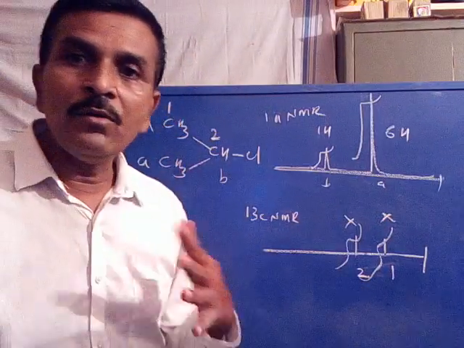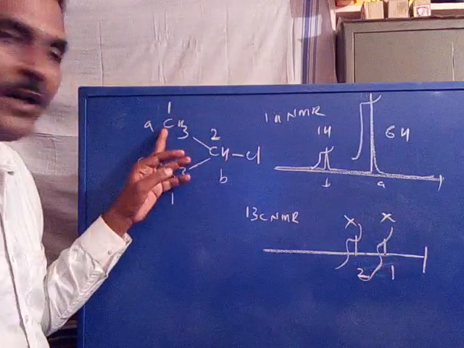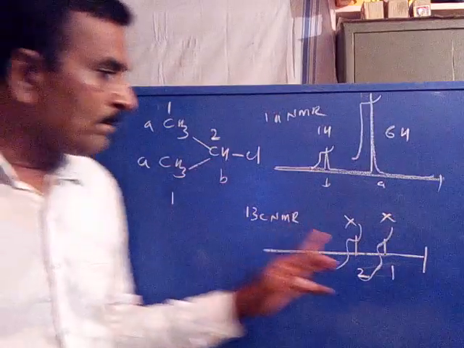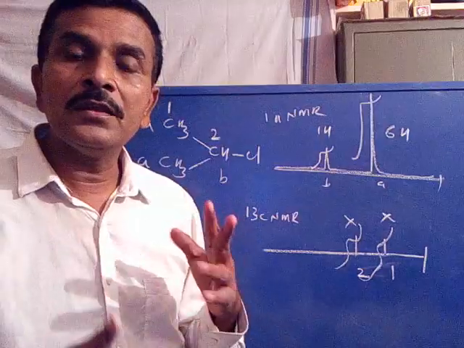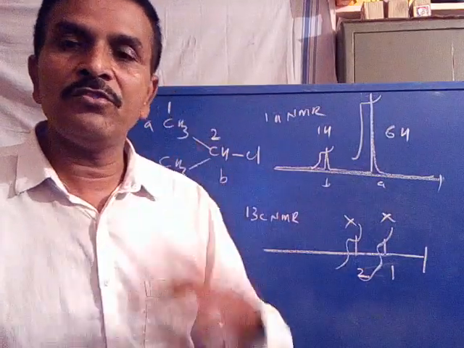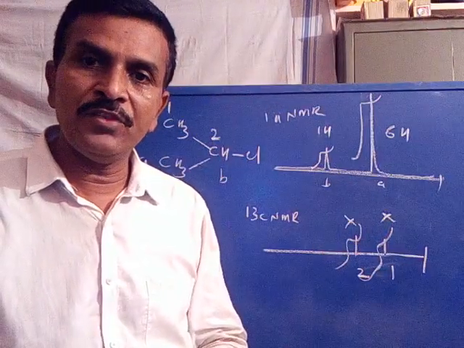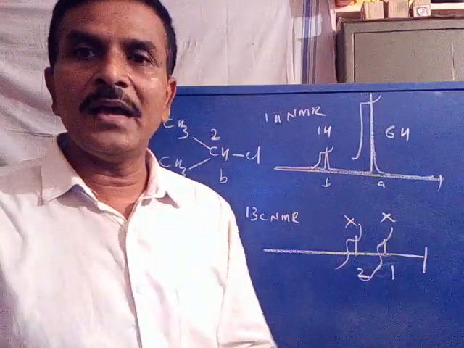We cannot find out there are two carbons in the first signal because we are unable to integrate the first signal. Are you following? So this is where the difficulty arises.